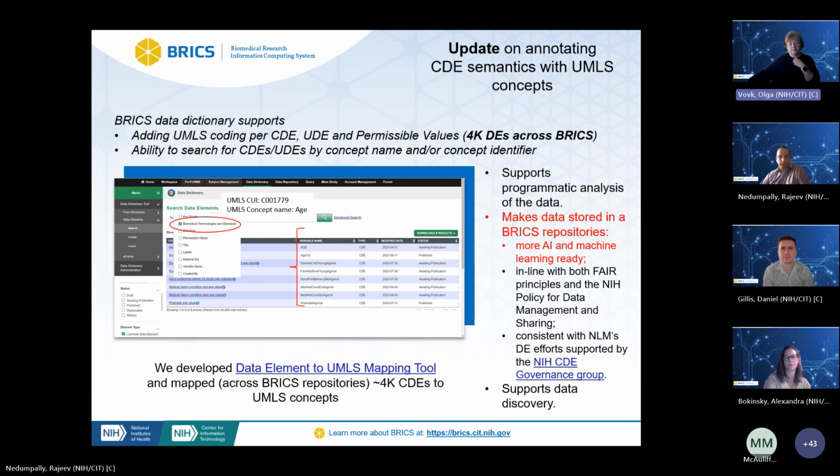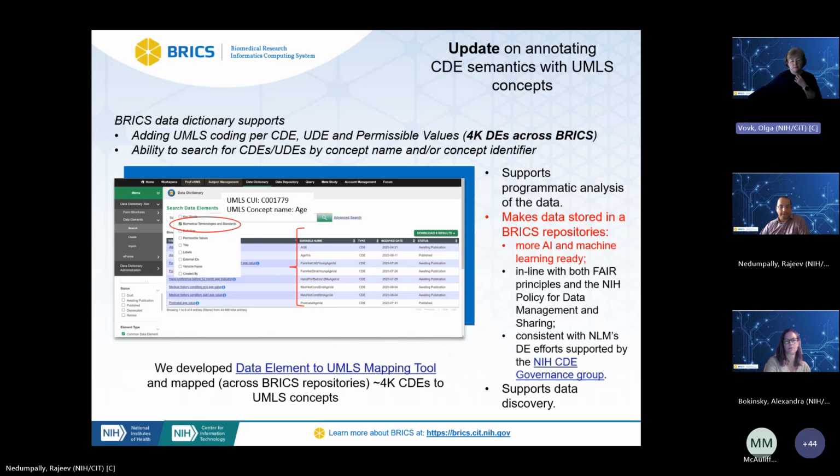Specifically, in the BRICS Data Dictionary, we have an option to search for a UMLS concept or UMLS concept name. When you enter either the UMLS concept identifier or the concept name, the BRICS Data Dictionary returns the set of data elements whose semantics are mapped to this concept. This functionality helps us make our data dictionaries AI ready, and it also makes our data dictionary and data more computable and supports data discovery. Next slide, please.